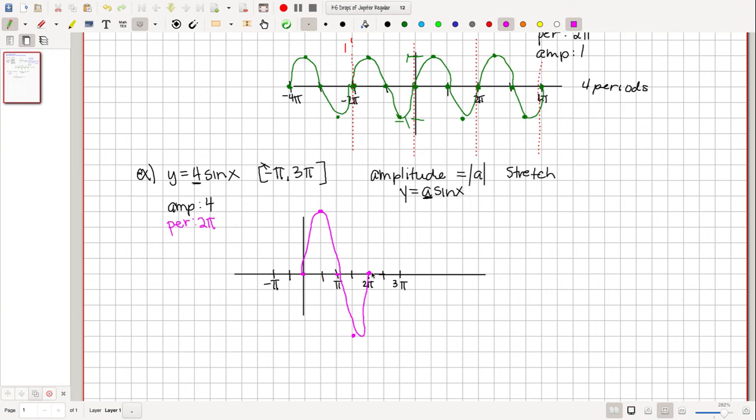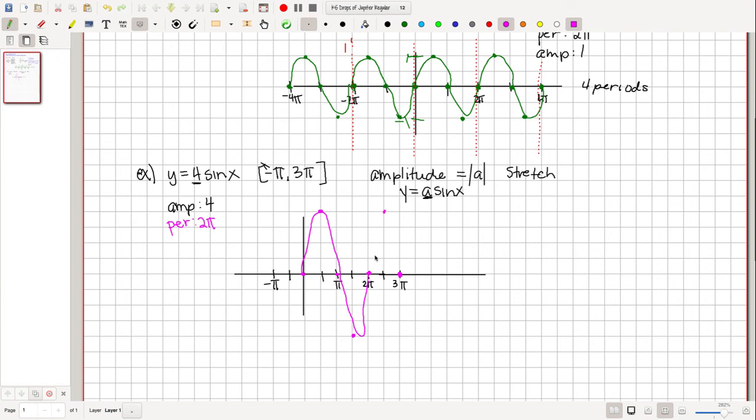Now, I want to completely fill up this domain right here. So just finish your pattern. So if I see every 2 tick marks, I have an intercept. Well, guess what? I'm going to have an intercept right there. Now, something's going to happen right in between these 2 points. I'm either going to have a maximum or a minimum. Well, so this one will be a maximum.